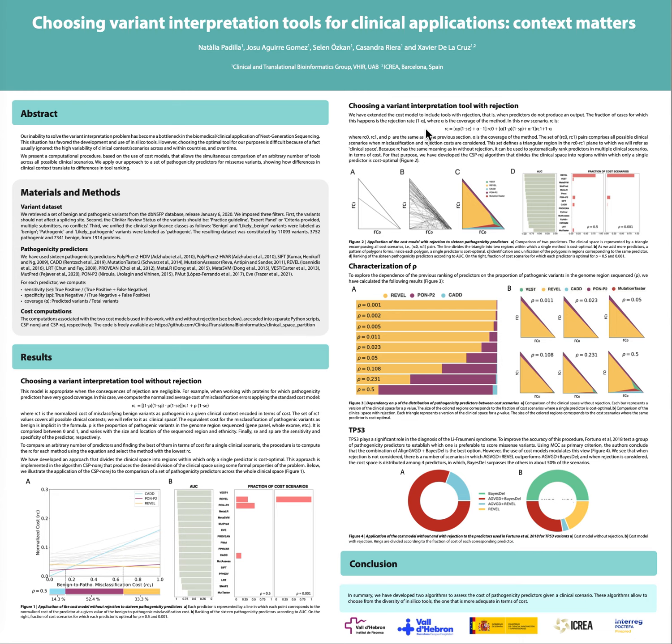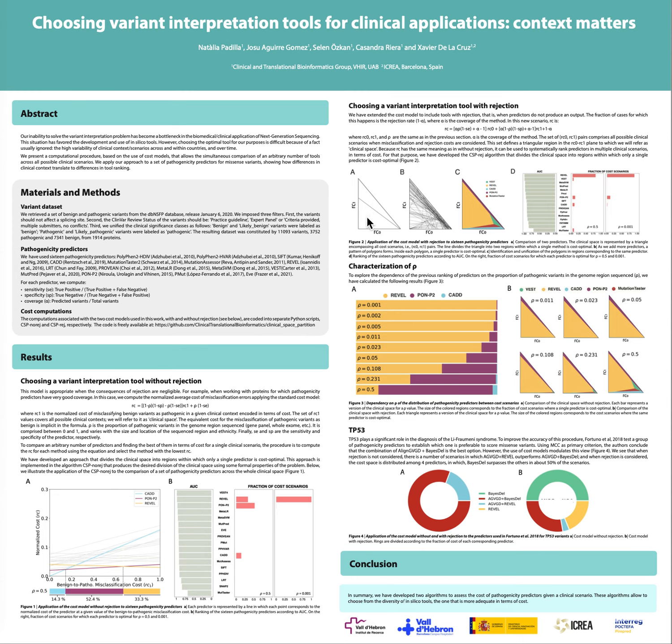This set defines a triangular region, that we call clinical space, and it can be used to systematically rank predictors in multiple clinical scenarios in terms of cost. For that purpose, we have developed the CSP rejection algorithm that divides the clinical space into regions within which only a single predictor is cost-optimal.